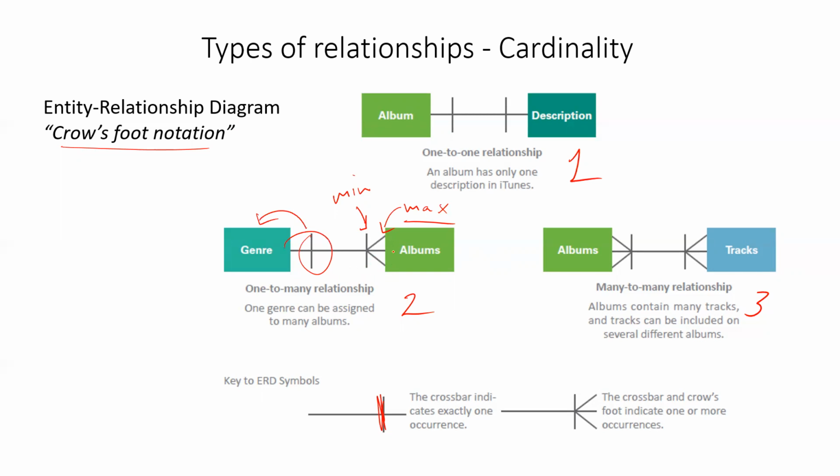You just want to assign for every album only one genre. But for every genre, of course, the genre can be associated with many albums. There should be many albums of jazz, many albums of rock, and so on. So this is a reasonable way to structure or design a database schema for albums and genres.